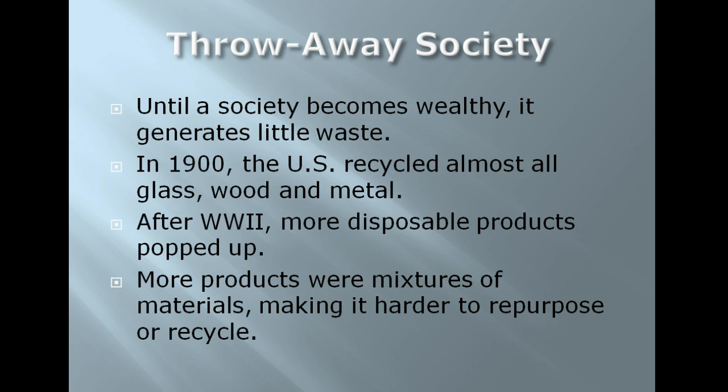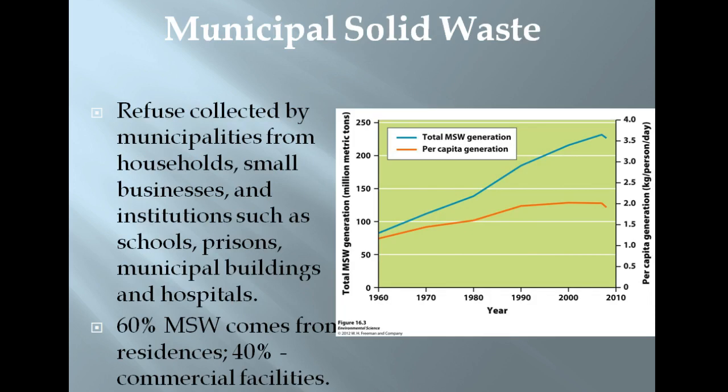Things were designed to not last very long, so you would have to replace them. And so we had become a throwaway society. And then more products were mixtures of different kinds of materials that you couldn't easily separate and therefore either remake something new from it or recycle.